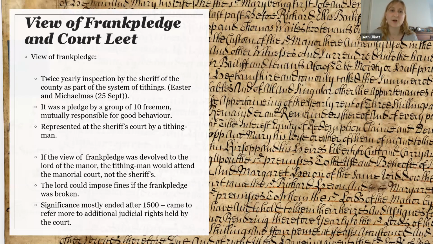This may be devolved to the lord of the manor. You remember I mentioned before that some things may be devolved to the manorial court as opposed to higher courts like the sheriff's court. In that case, it would go through the court leet. If that happens, the lord could then impose the fines. So that's why it's worth noting that it's there.